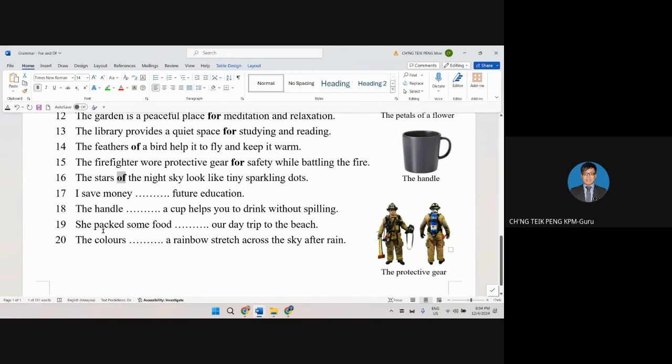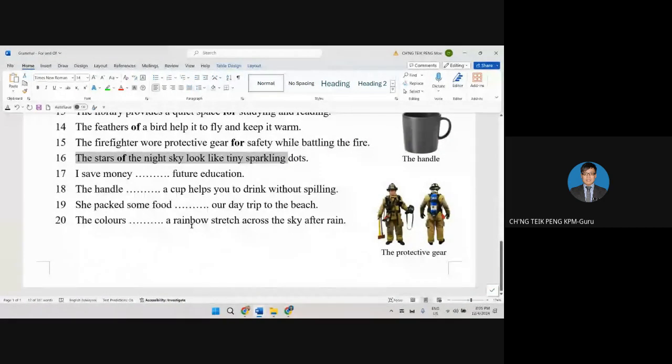Very good, dots. Sparkling, 谁有问题？Teacher, may I go to the toilet? Yes, you may go to the toilet. 这个 sparkling 老师解释过了，所以这里呢，你整句背起来了。The stars look like tiny sparkling dots. Use it in your essay, then you will get a higher mark for your language. And then 17, 乐婷.